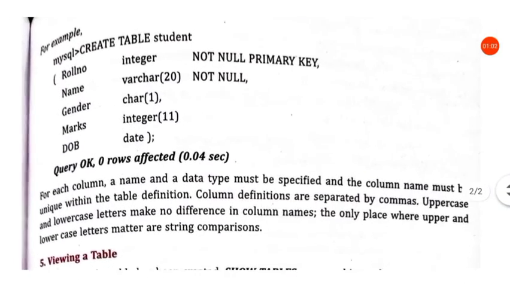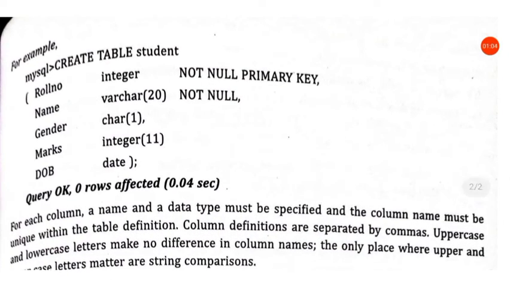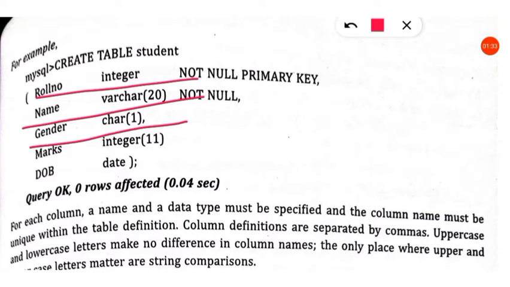Now consider this example: how we create a table student. Under the MySQL prompt you have to type this statement: create table, table name, that is, the table name is student. Then open the bracket. This need not be typed in different lines; you can type it in the same line also, but in the textbook it is usually given in different lines.